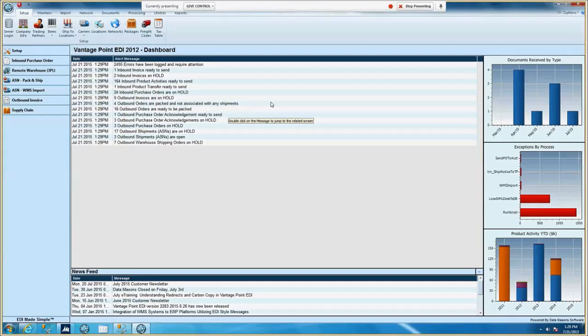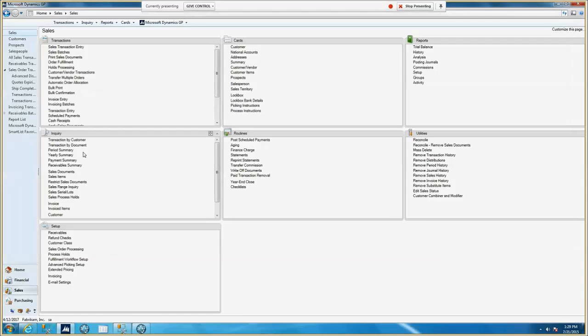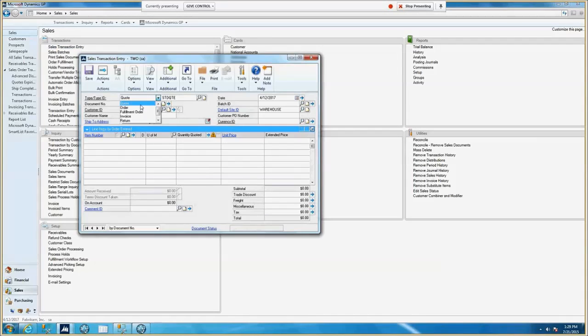If I sign into the platform and look at a sales transaction entry window, I'm typically going to automate the fact that it is actually an order, indicating the details for that: what customer, what items, the batch IDs, the things that normally we would have had to key into the overall system.